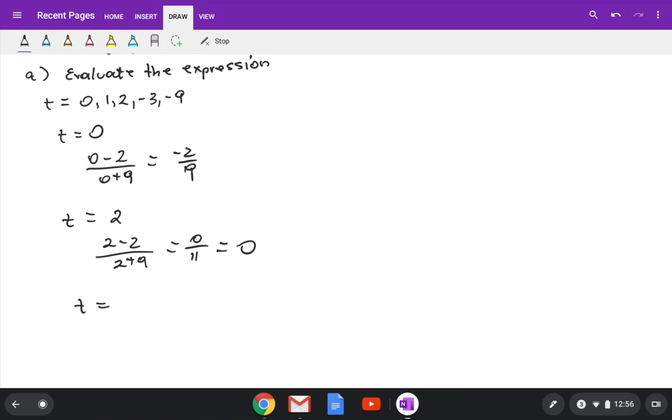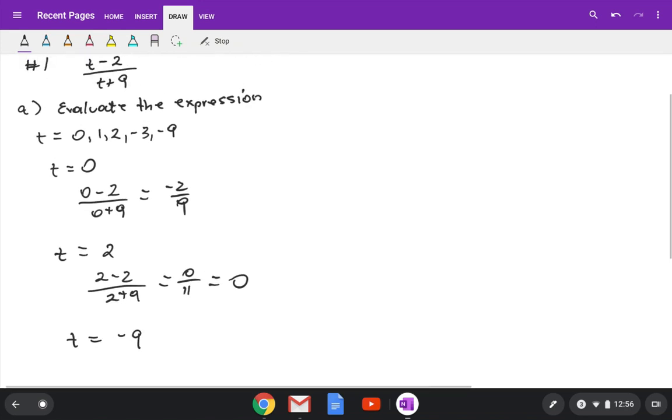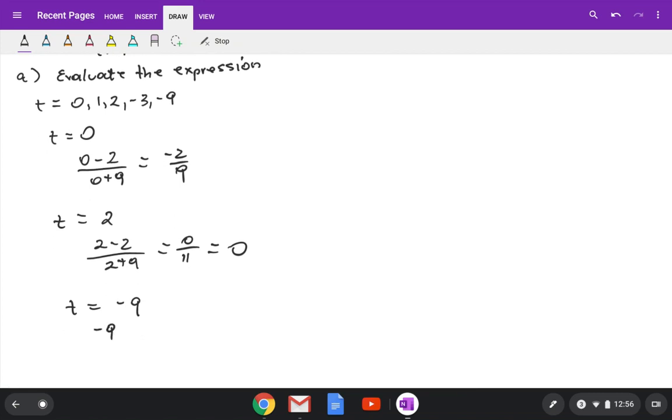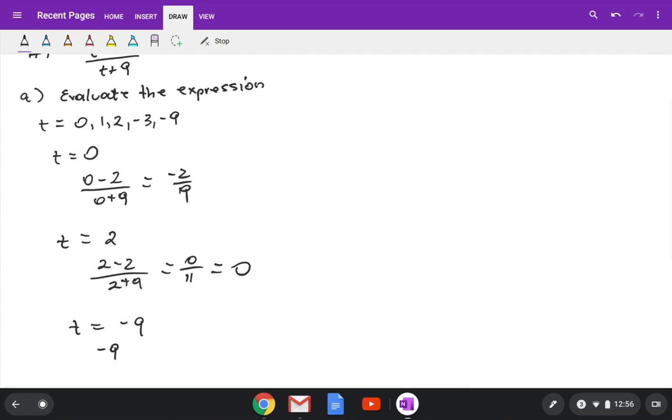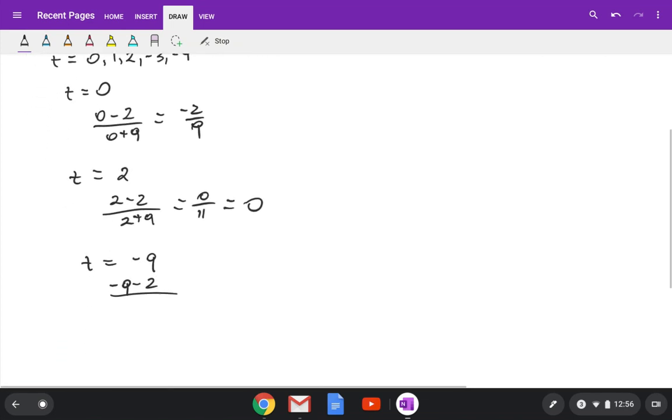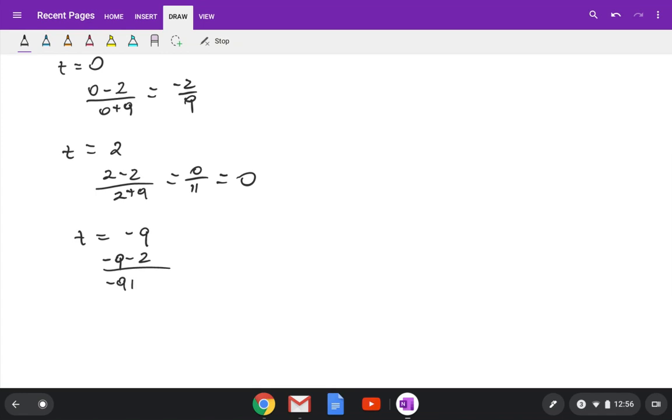When t is equal -9, I'm plugging in -9 for t. So we have -9 minus 2 over -9 plus 9. Okay, so we're getting -11 over 0, and this is undefined.